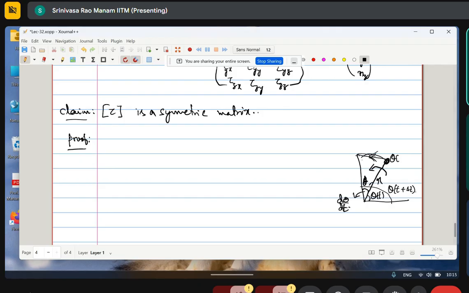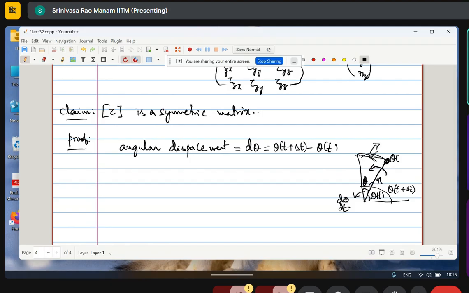So when you do this, what exactly is the angular displacement? Angular displacement is R d theta by dt. This is basically your displacement, right? Yes, sir. So angular displacement is actually equal to d theta, that is theta at t plus delta t minus theta at t.